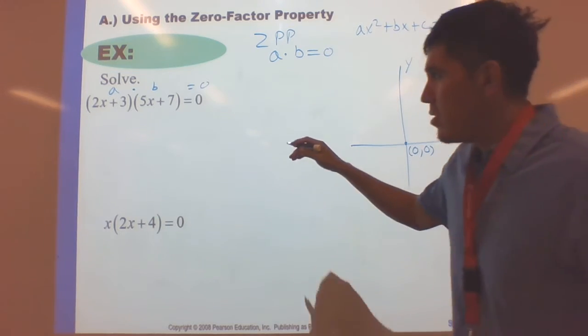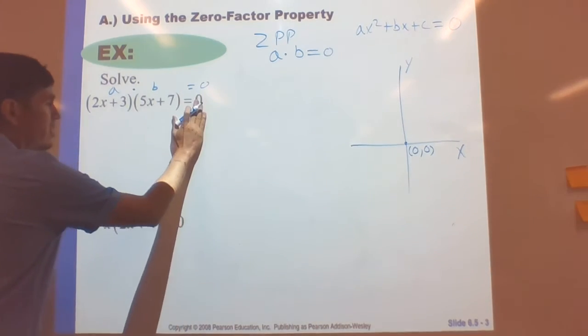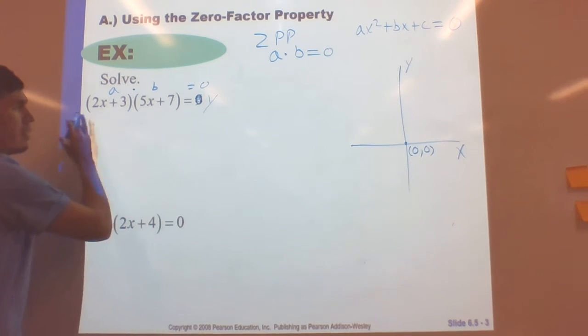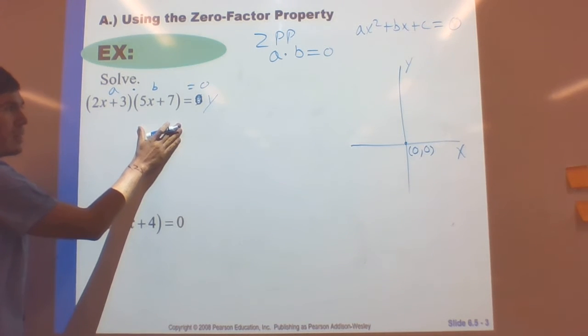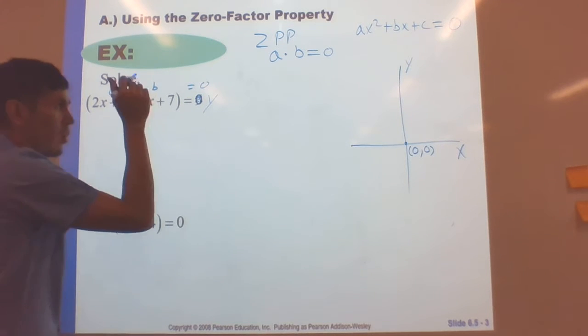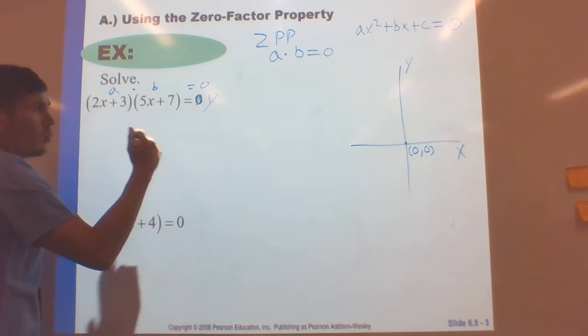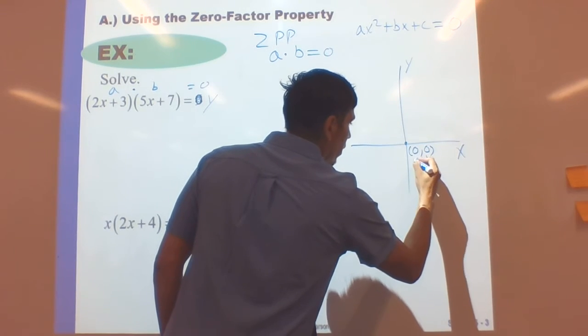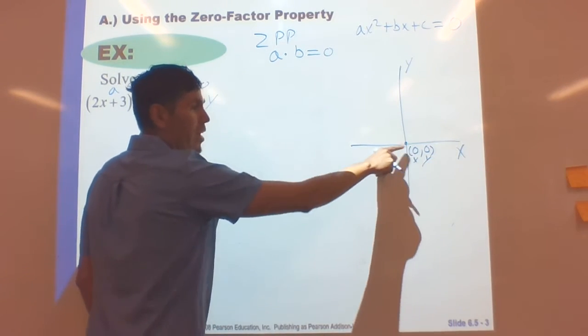Same thing here. This is not set to y. We could say, guess what, this is y equals this quadratic right here, but I want to know where it touches 0. So I want to ask, where is my y value 0? My y value is going to be 0 at the x-axis.